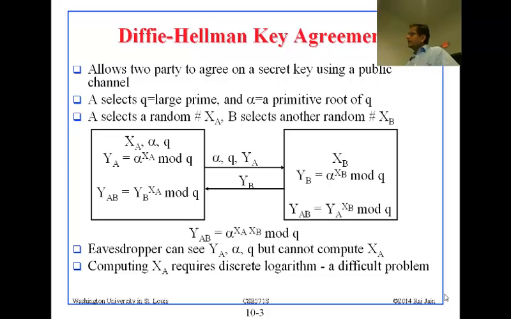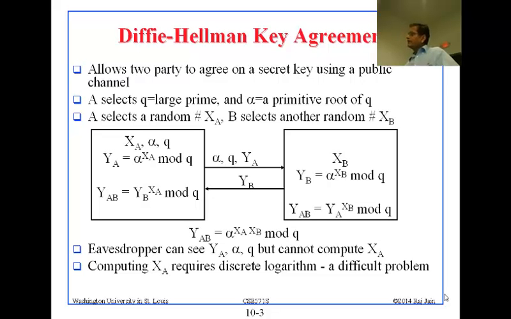It didn't make it public. Nobody knows XA, but A knows it. It can raise YB to that power and calculates YAB, which is basically alpha raised to XA XB mod Q. Because you see, YA was alpha raised to XA and then YB raised to XA gives alpha raised to XA XB mod Q.